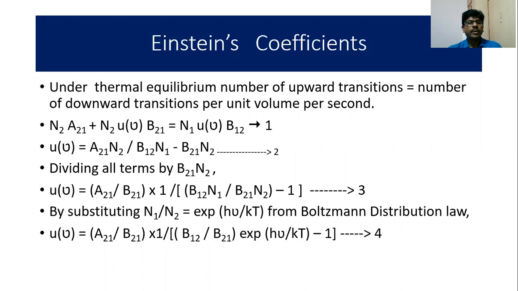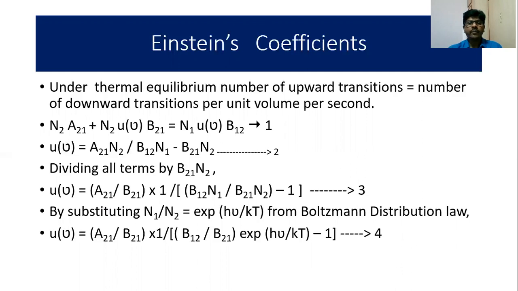From expression 1, U nu can be written as A21 N2 divided by (B12 N1 minus B21 N2). Dividing all the terms by B21 N2, we arrive at U nu is equal to A21 by B21 into 1 divided by (B12 N1 divided by B21 N2 minus 1).